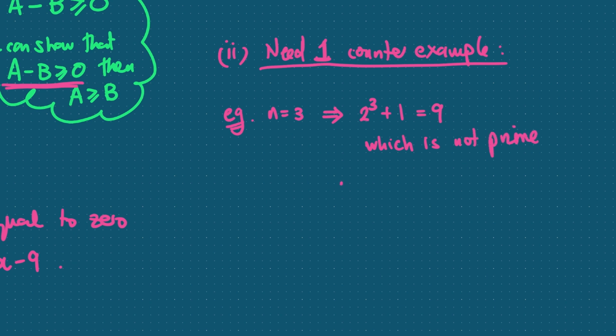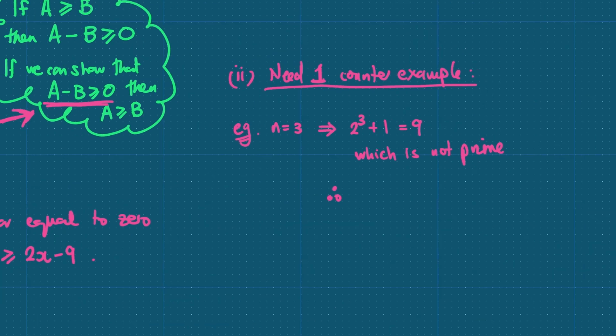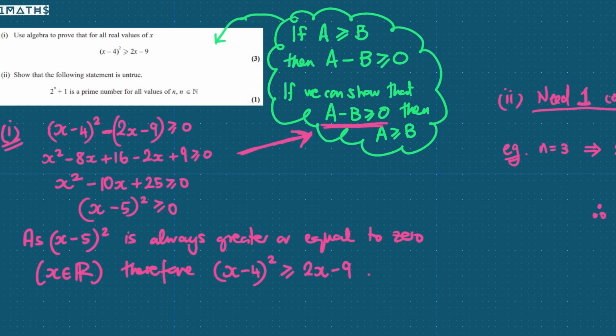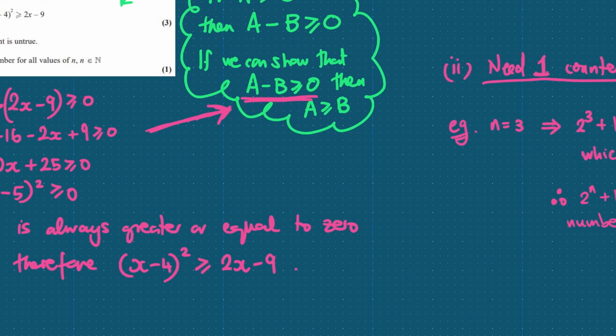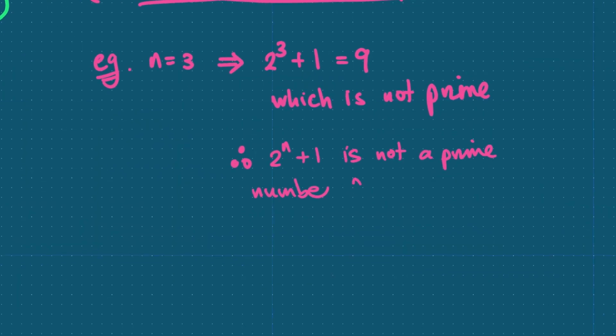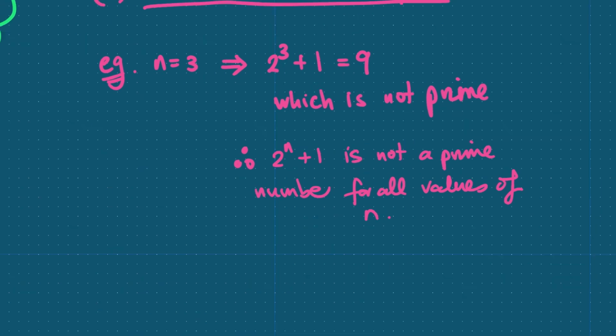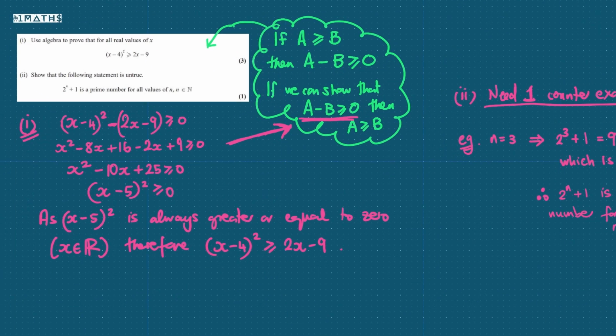Therefore, going back to our original statement, 2 to the n plus 1 is not a prime number for all values of n. Okay, so that is how we deal with those two parts of this question.